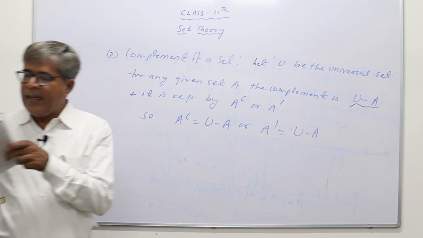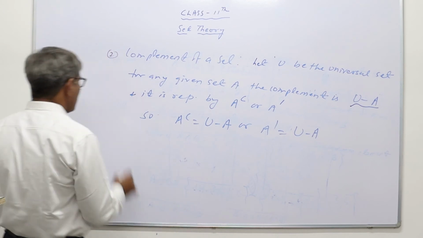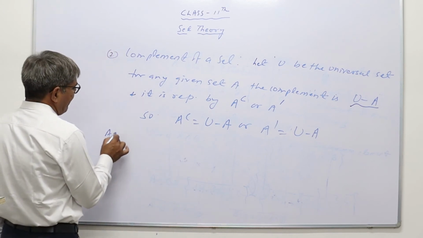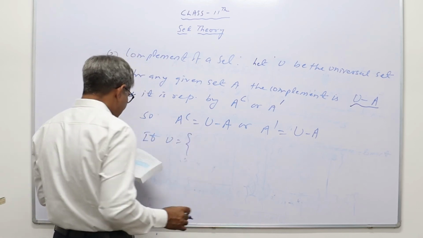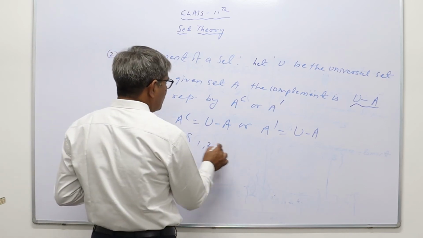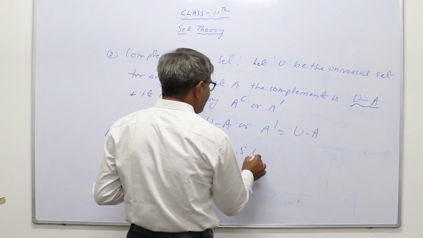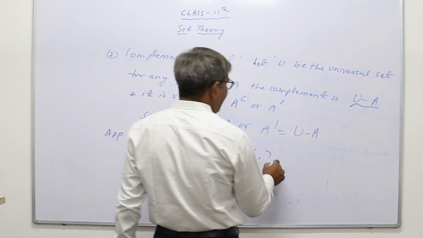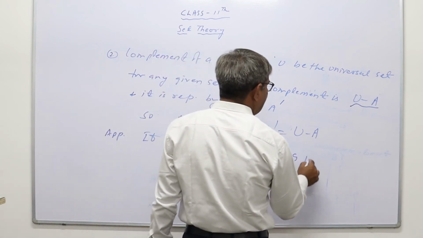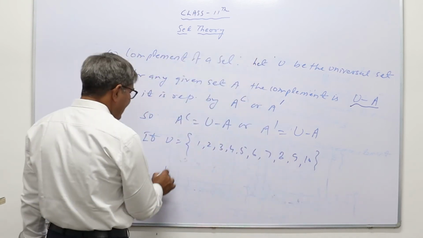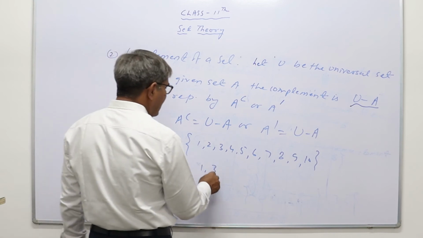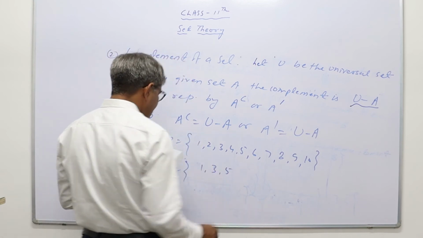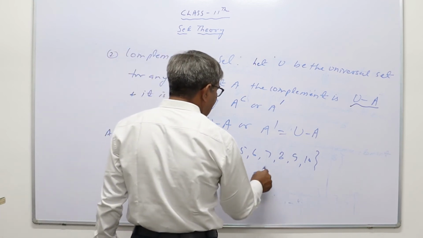Now for example, let us suppose set U is equal to 1, 2, 3, 4, 5, 6, 7, 8, 9 and 10 and a given set A is equal to 1, 3, 5, 7 and 9.